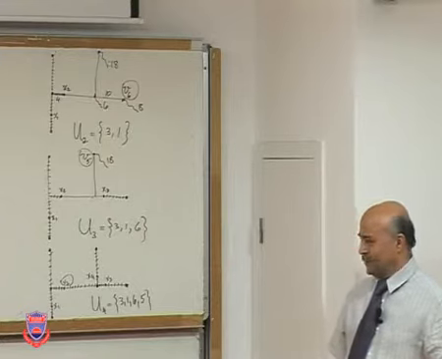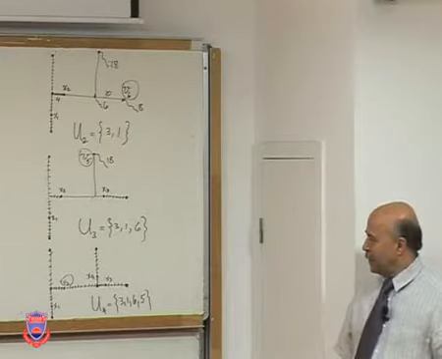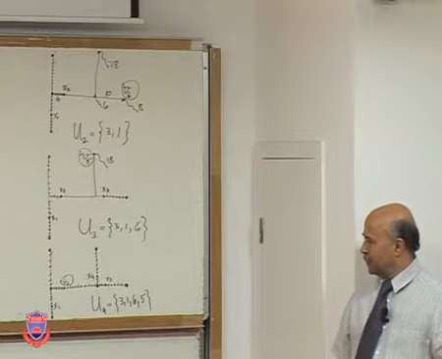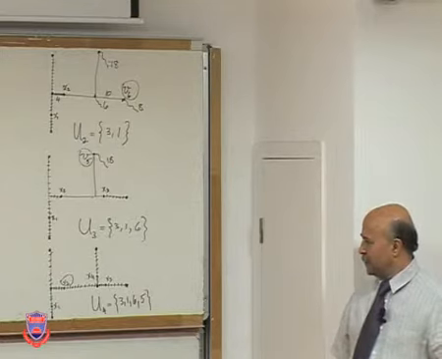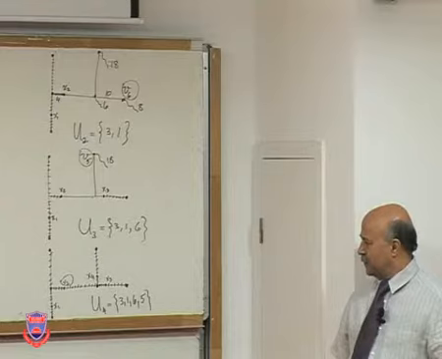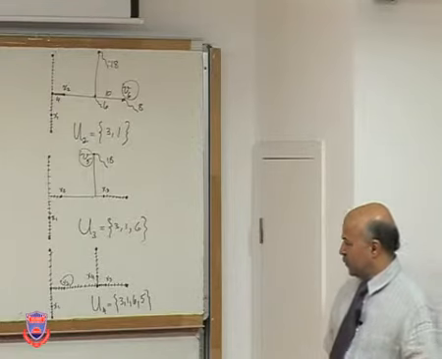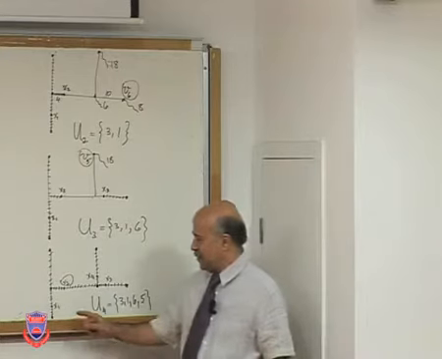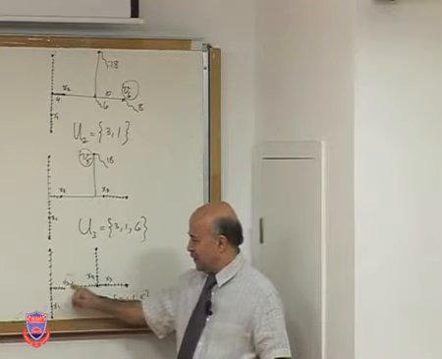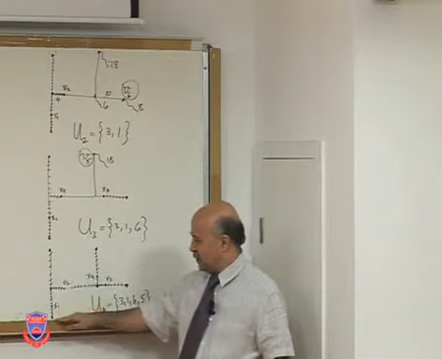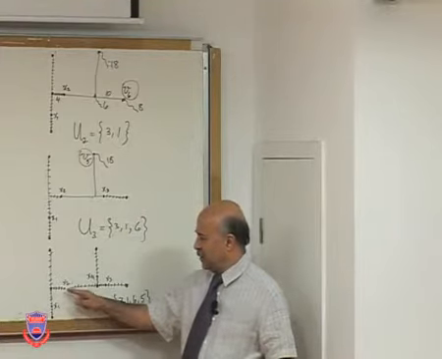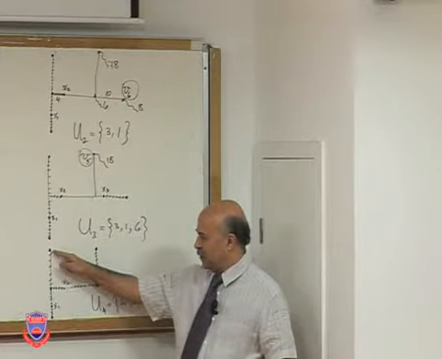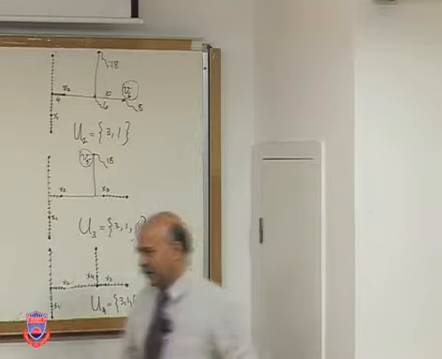For example, x1 is the extreme center point for vertex 3, and x2 is the extreme center for vertex 1. Mm-hmm. Which one is which? x1 is an extreme center point for vertex 3, and x2 is an extreme center for this one. Yes, vertex 1. Okay.